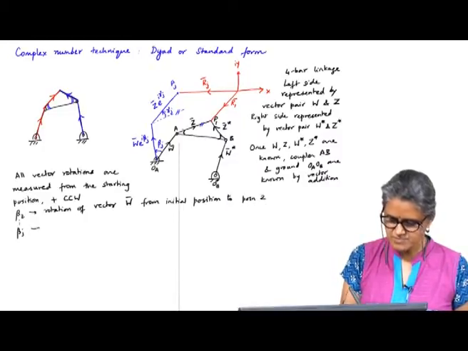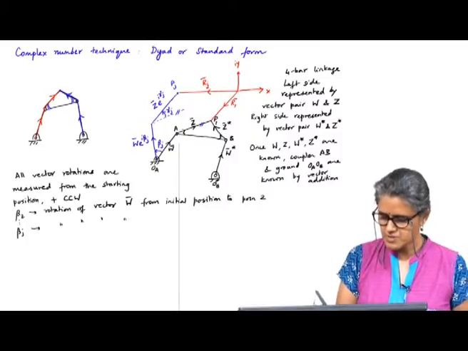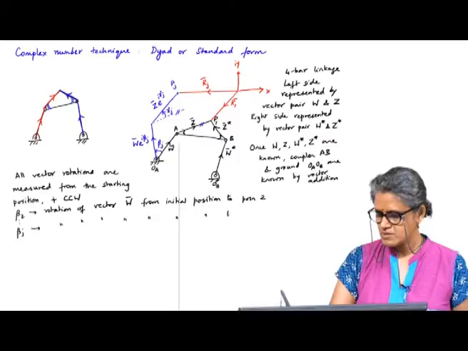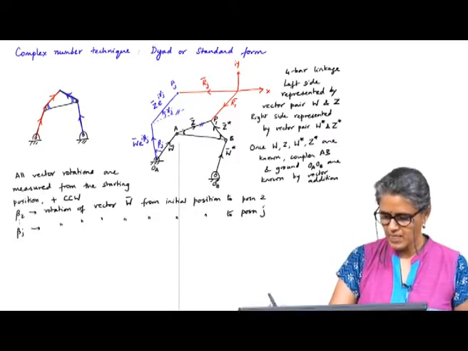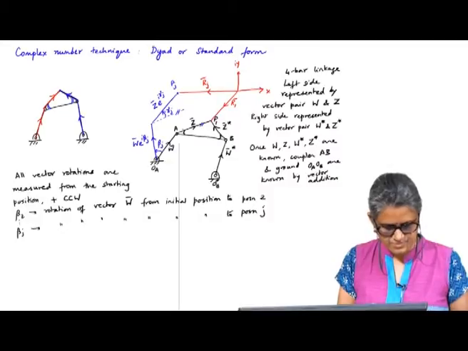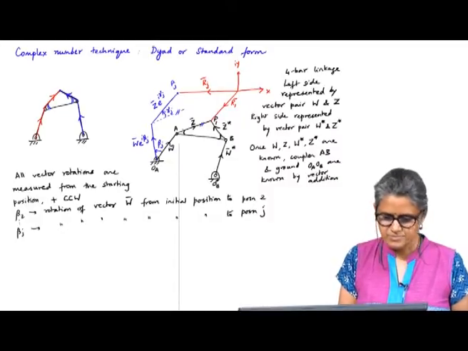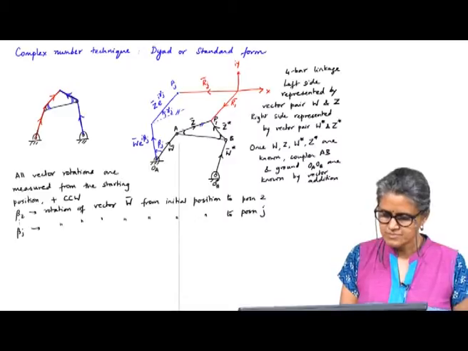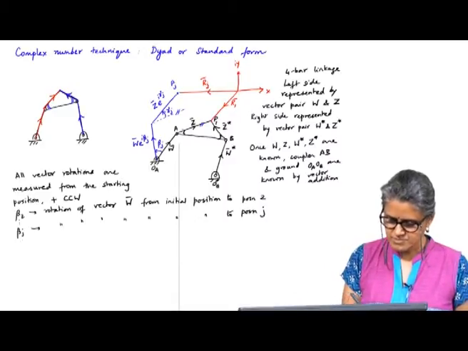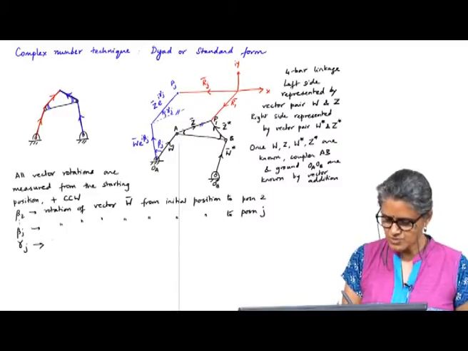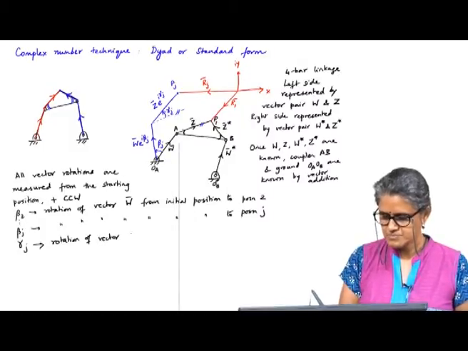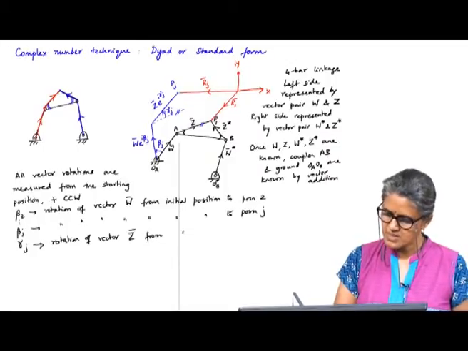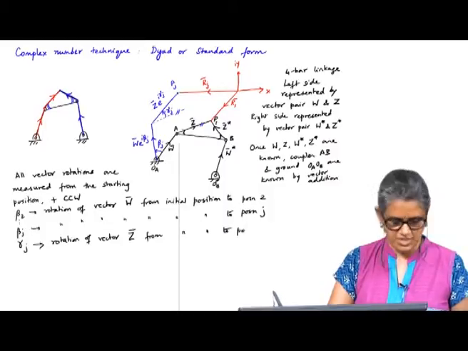Beta j is rotation of vector W from initial position to position j. Similarly, gamma j is the rotation of the other vector from initial position to position j.